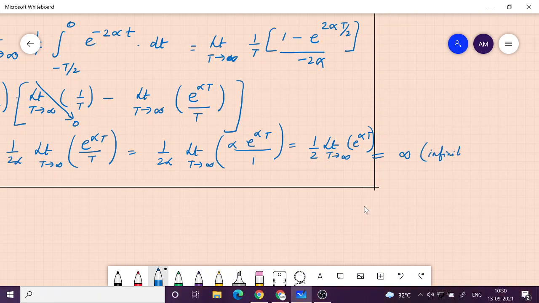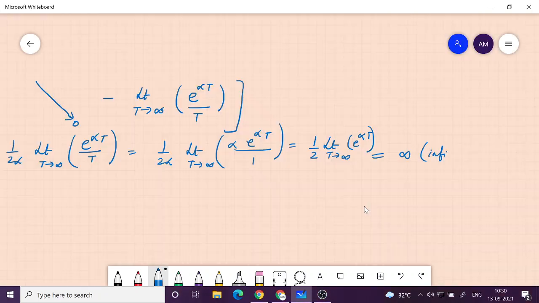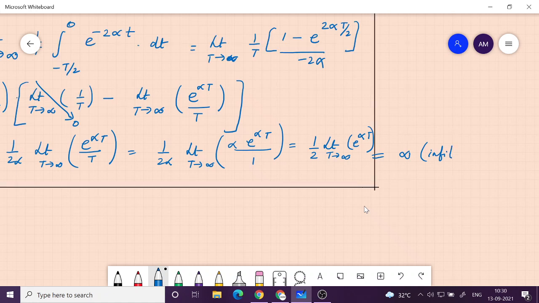So this is the case where we have infinite power.